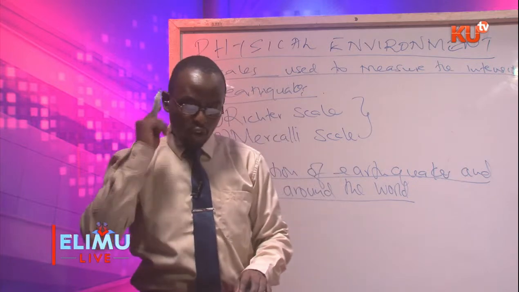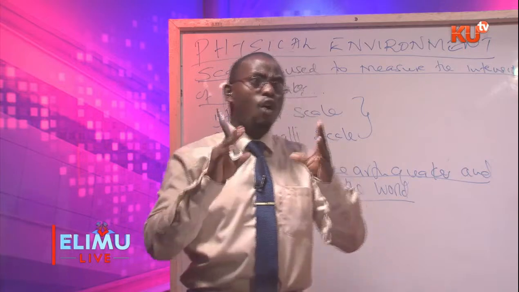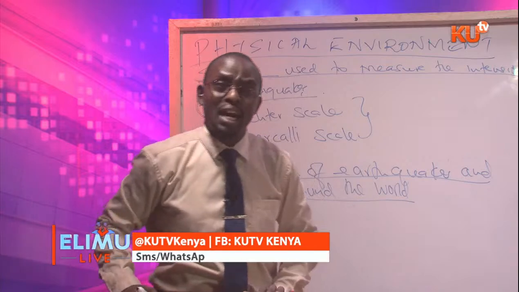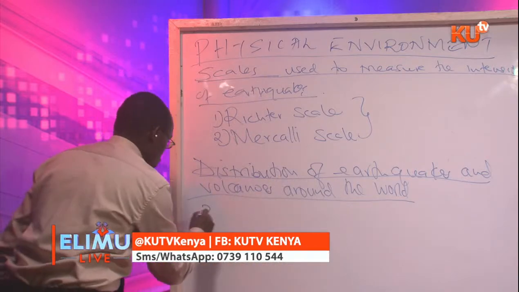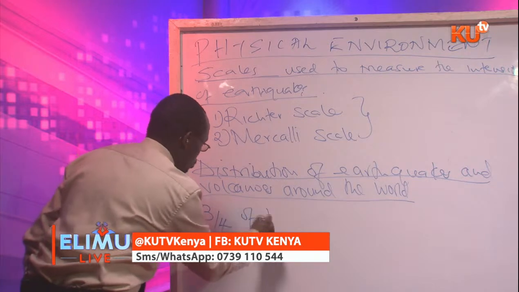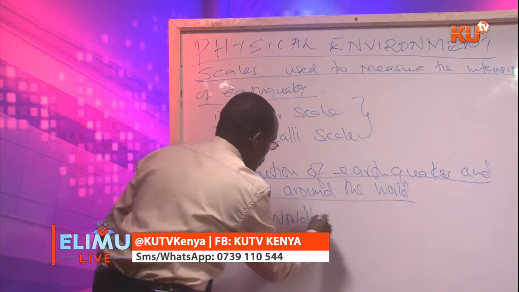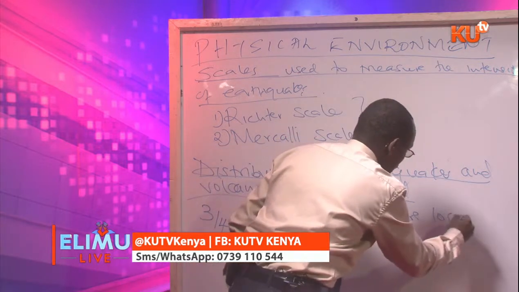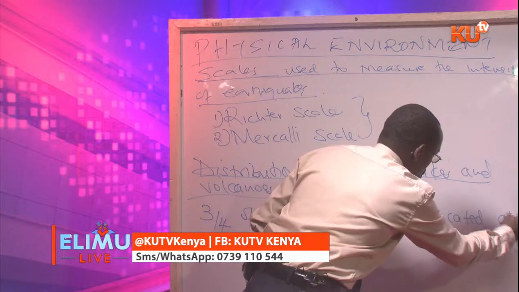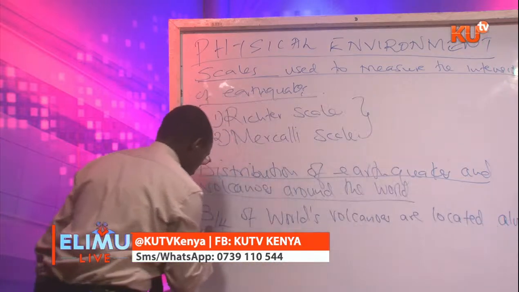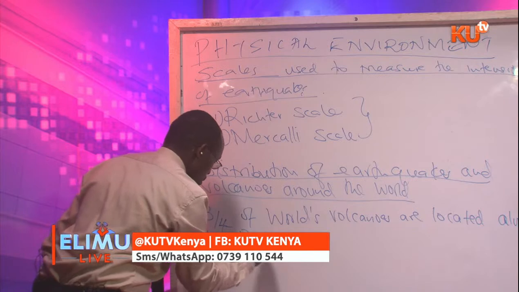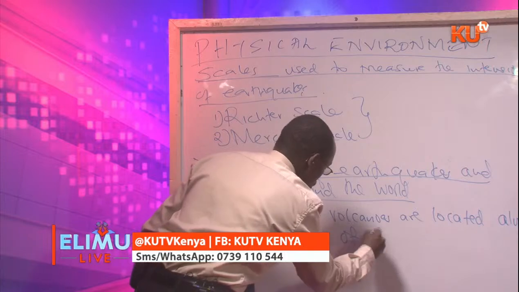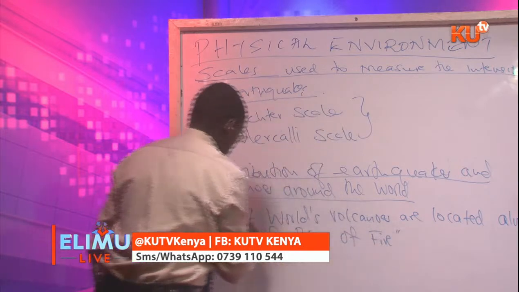3/4 of the world's active volcanoes are located along the Pacific Ring of Fire.